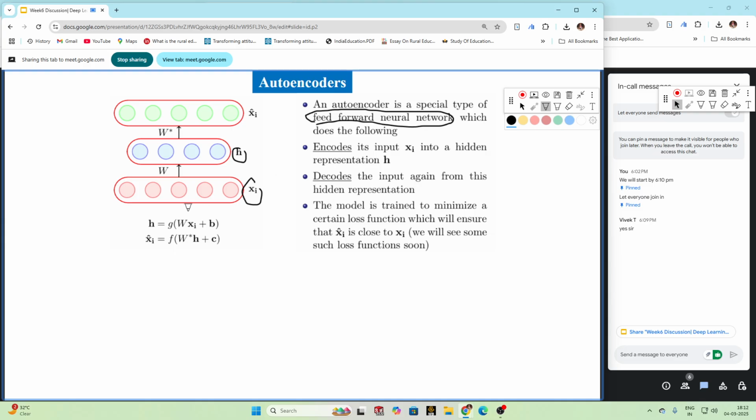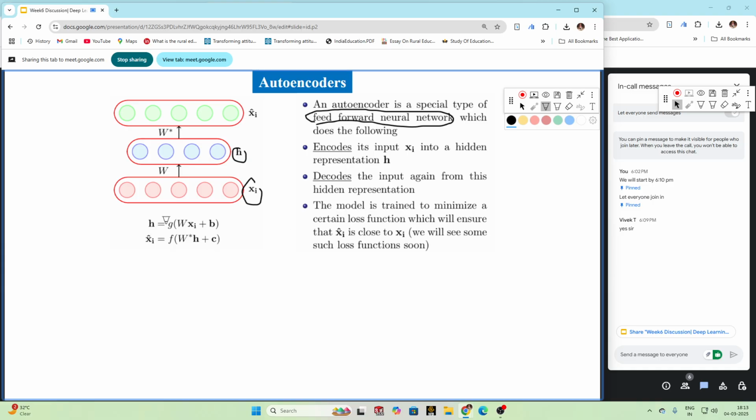So first the blue layer, the encoding layer, encodes your input from xi to h, and the green layer, the decoding layer, decodes your information from h to xi hat. So we supply input as xi, and we get xi hat as the decoded input from the decoding layer. So this is an autoencoder.